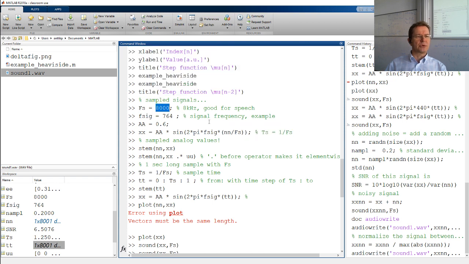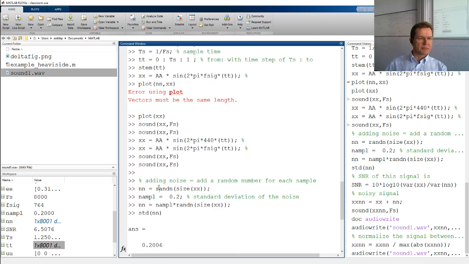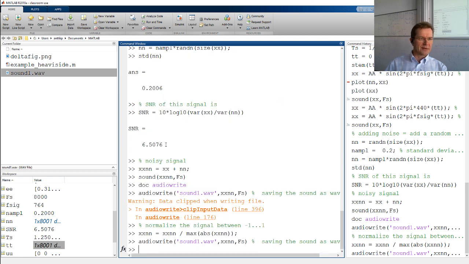So just remember you do not mix the sample rate and the signal frequency. Then we added some noise, meaning random numbers.